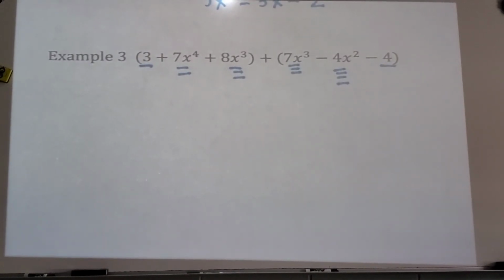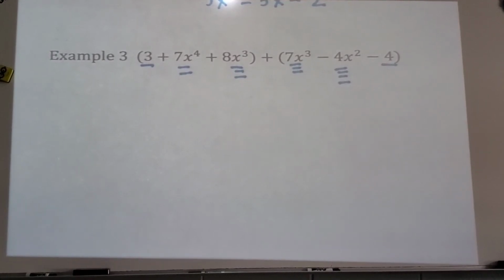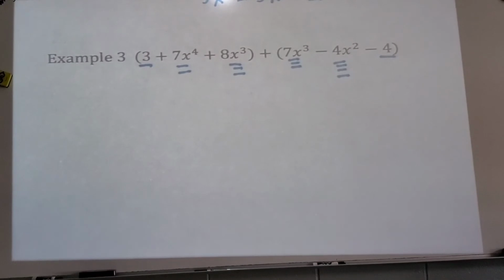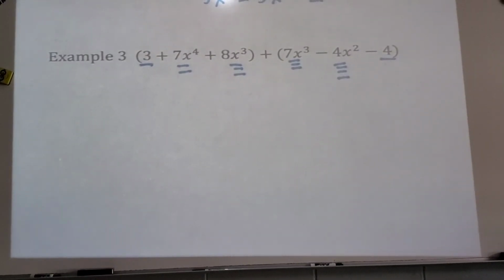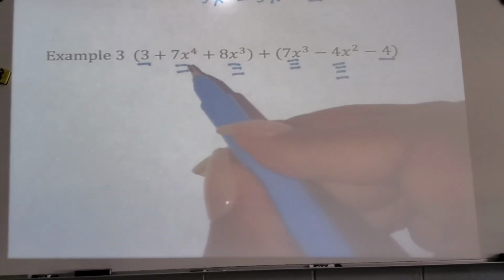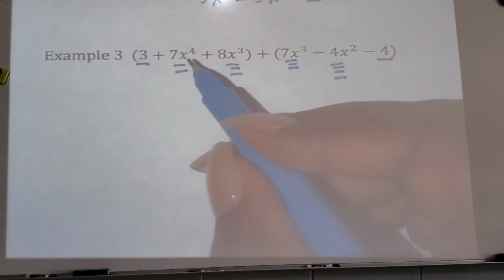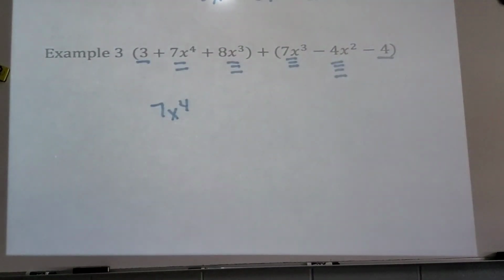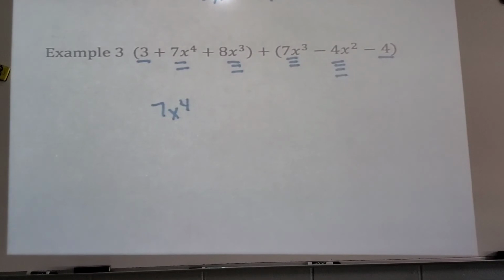So 3 plus 7x to the 4th plus 8x to the 3rd plus 7x to the 3rd minus 4x squared minus 4. I'm going to combine these terms. First thing you should notice is that there's only one term with an x to the 4th. So I'm simply going to bring that down because there's nothing for me to add or subtract to it.